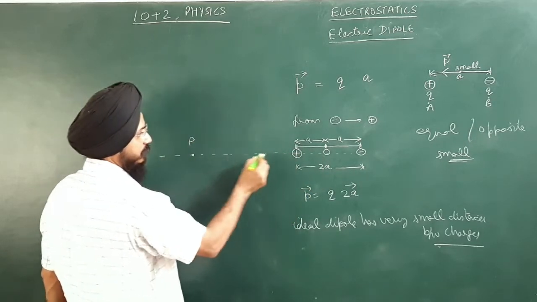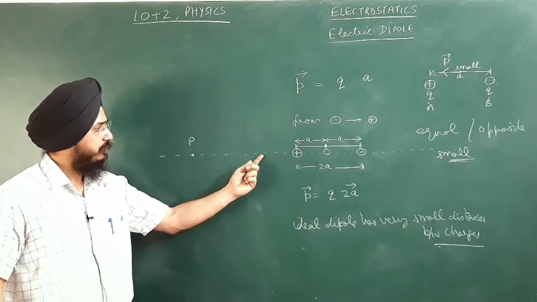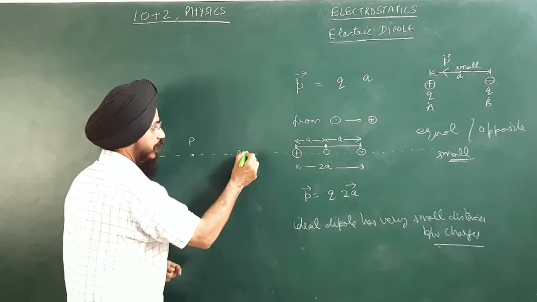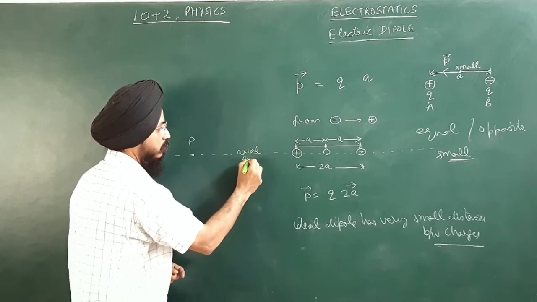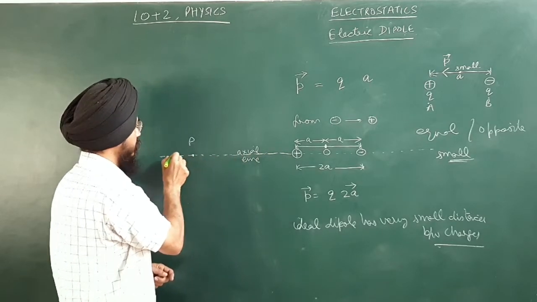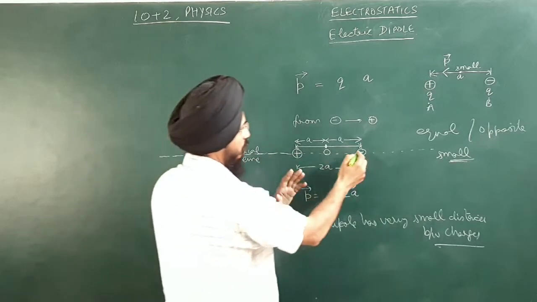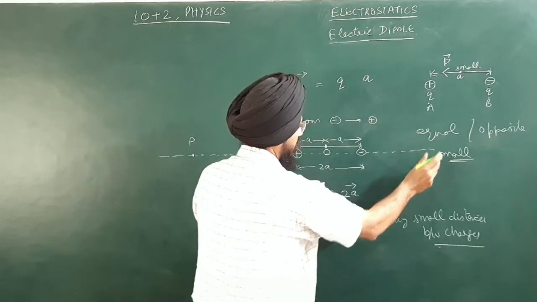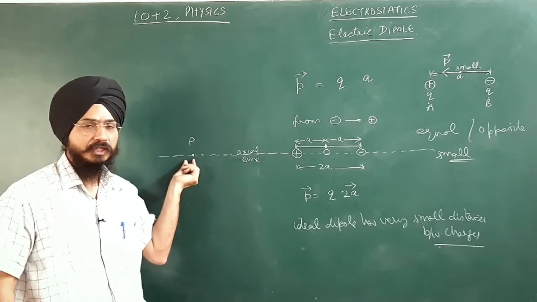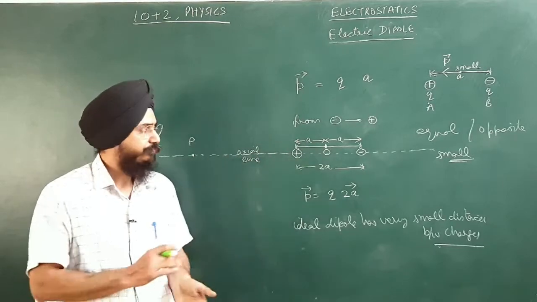So this is the axis of the dipole, and the line which is passing through the axis of the dipole is called the axial line. So this line serves as the axial line of the dipole, whether it is towards the left of the dipole or towards the right of the dipole. You may take the observation point as per your convenience, either on the left side or the right side.